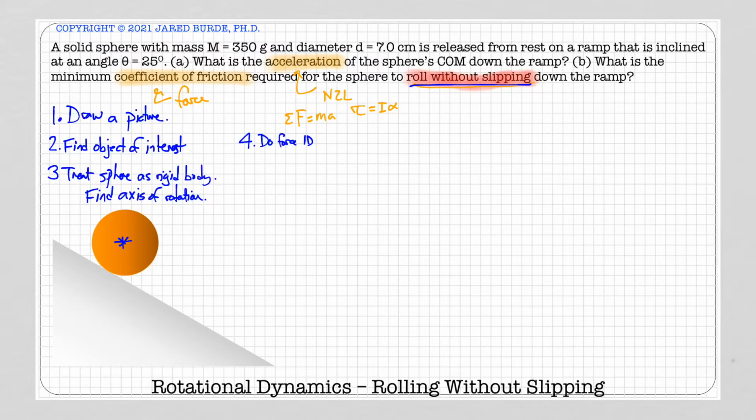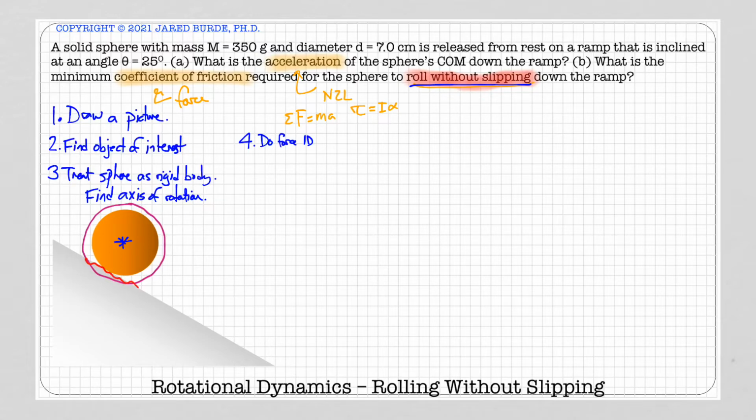The next step is a little bit trickier. We have to do force identification, but because we are talking about rotational dynamics, we have an extended object here. We're going to do force identification like we've done before, but we have to be aware of not just what forces are acting, but where those forces are acting. So what we're going to do is draw a circle around our object and look for points of contact.